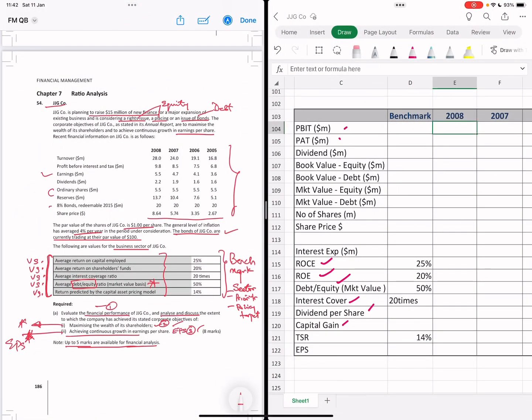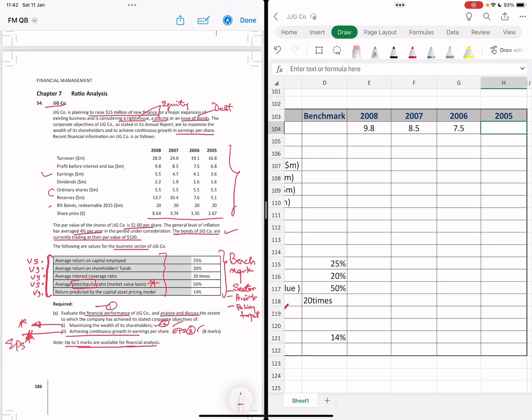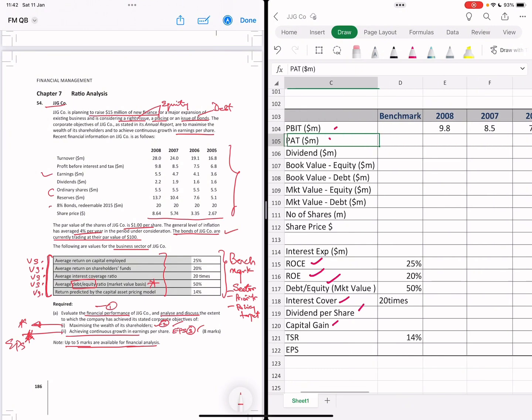So PBIT for 2008 we have 9.8, 8.5, 7.5, 6.8. Then what is next there?